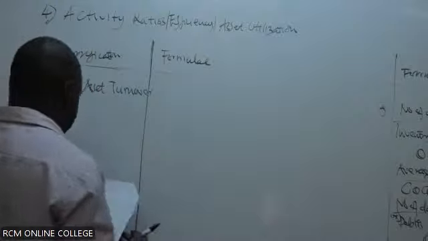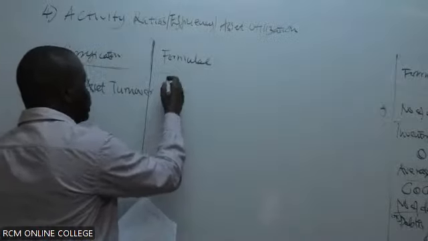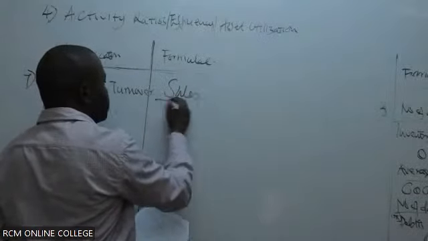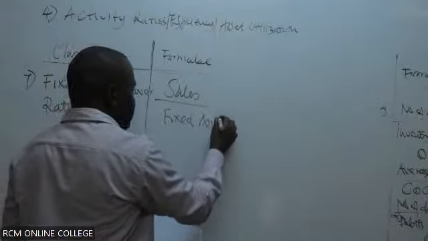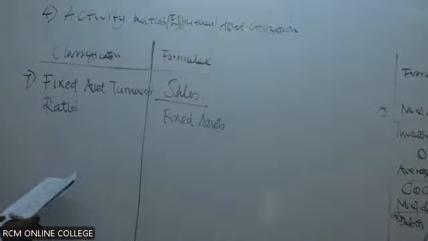So this one, you'll take the sales over the fixed assets. Sales over the fixed what? Assets. Total fixed assets.